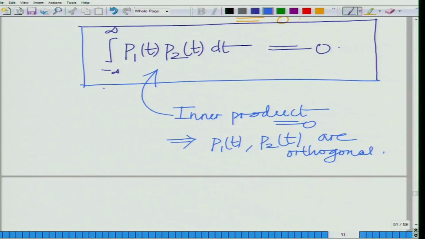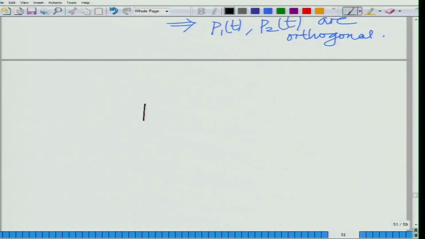Okay. So, we have two pulses p1(t) and p2(t) which are normalized to have unit energy, both have unit energy, and they are orthogonal. So, these two properties are satisfied. Let us again write that clearly.